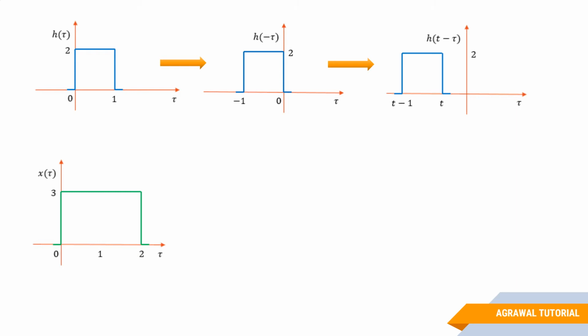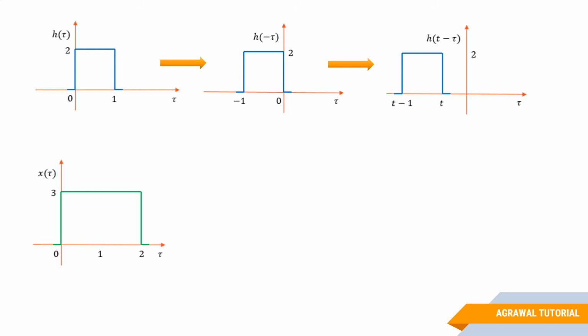Okay, so let's do it. So these are the two functions and we have to find the overlapping area between these two. For that, first of all, we need to find the regions where the overlapping occurs.